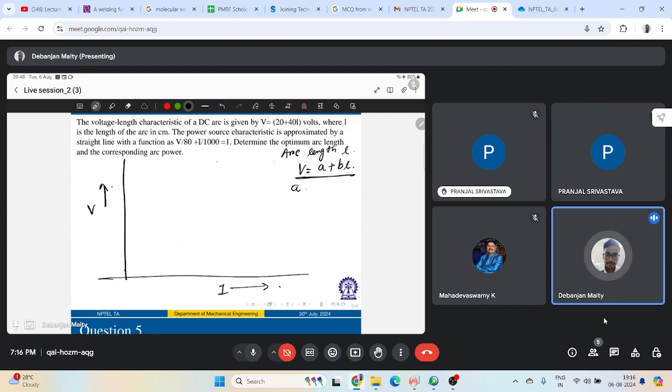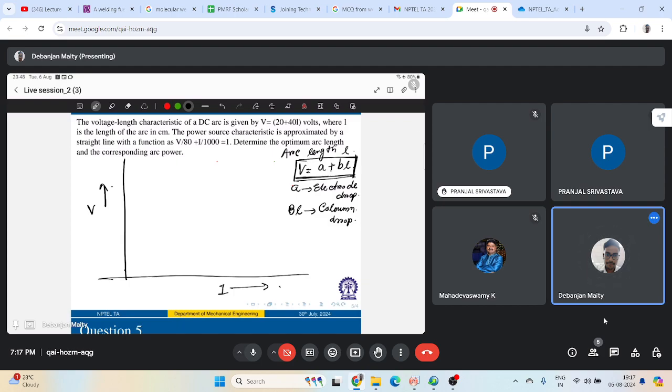Over here, A is called the electrode drop and BL represents the column drop, the potential gap across your arc column, right? That's how you can relate your voltage with your arc length.